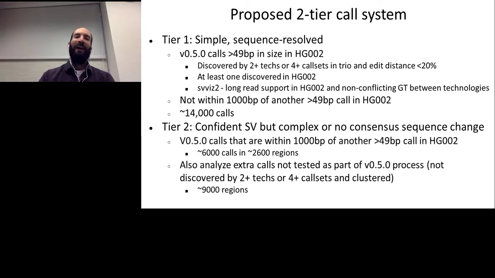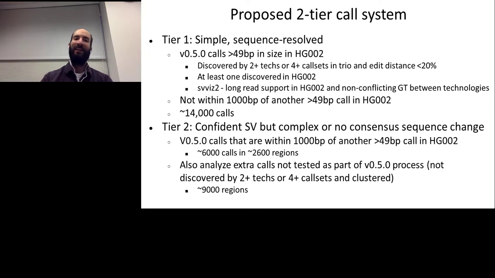We used a set of heuristics to say that they had to have sufficient support from different technologies or multiple call sets, and that they needed to be supported by SVViz analyses or by the optical or nanopore-based mapping methods. In this case, we also excluded a lot of calls that were within 1,000 base pairs of another greater than 49 base pair call.